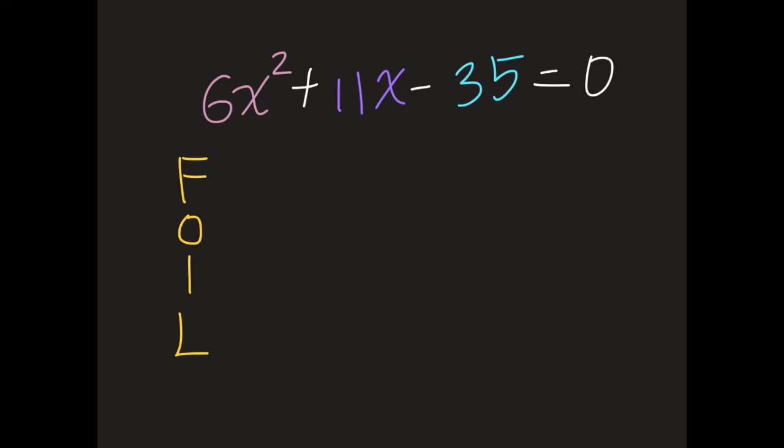What does this stand for? F stands for first. O stands for outside. I stands for inside. And L stands for last. Okay, so this is the way of factoring.